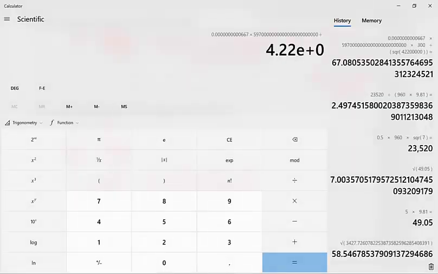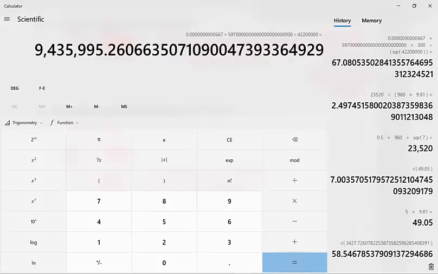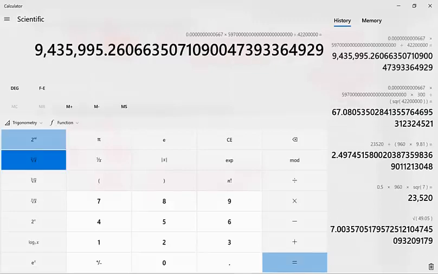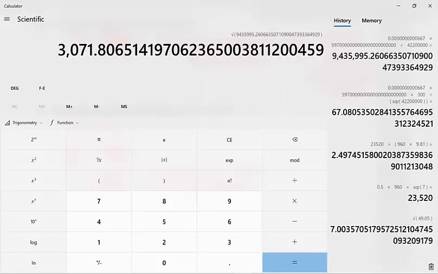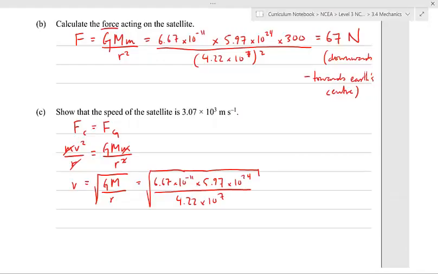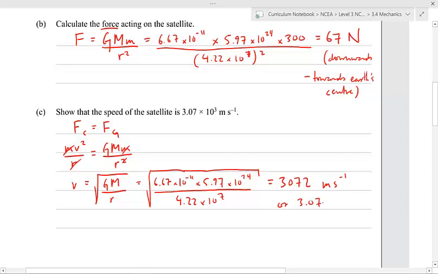Times 10 to the 7 gives us, and then we want to square root that, and that gives us 3072 meters per second, or 3.07 times 10 to the 3 meters per second, which is what we were looking for.